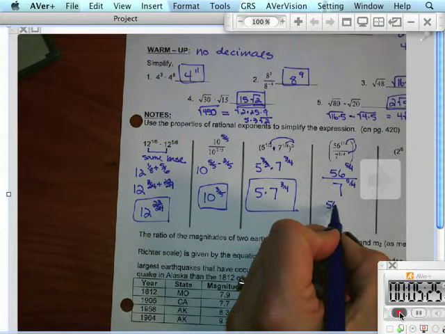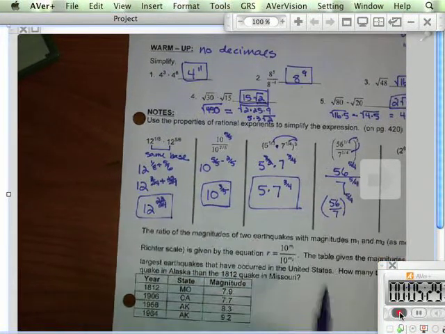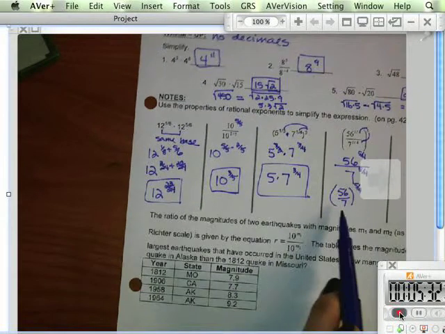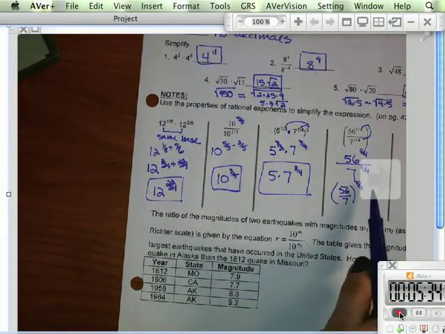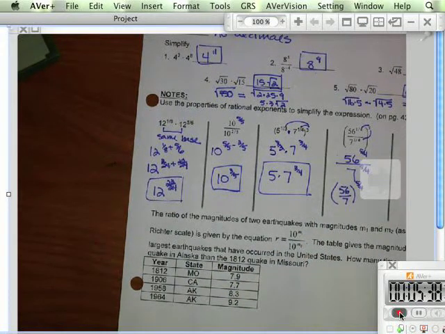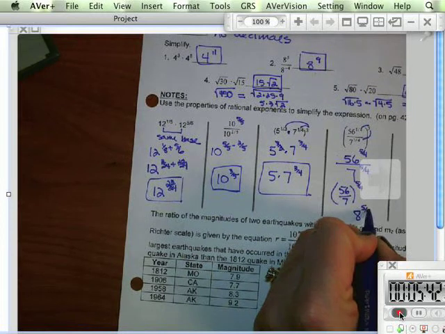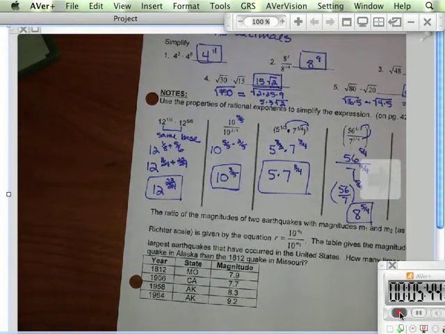Sometimes you just have to stop and look and say, what would be the best? They're raised to the same power, so I could actually write it like this. And then what happens? 56 divided by 7 is what? And so ultimately I would end up with this as the most simplified form. So sometimes just stop and look and say, wait a minute, what can I do here?